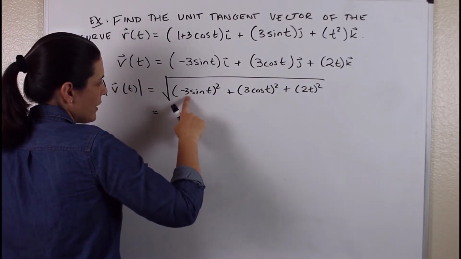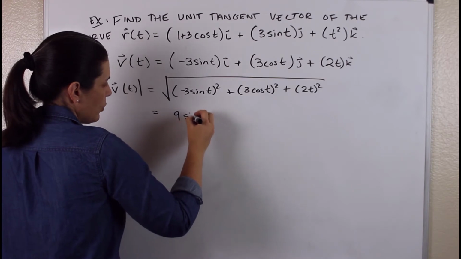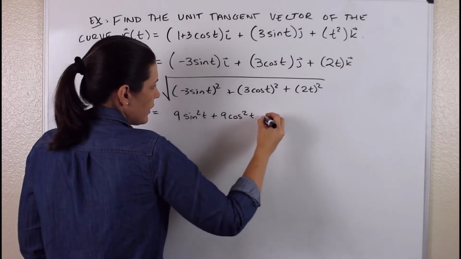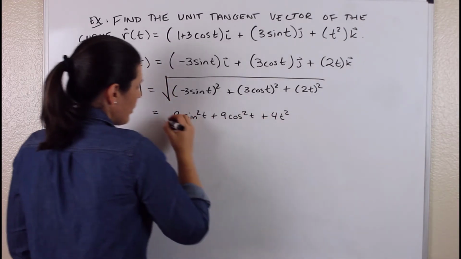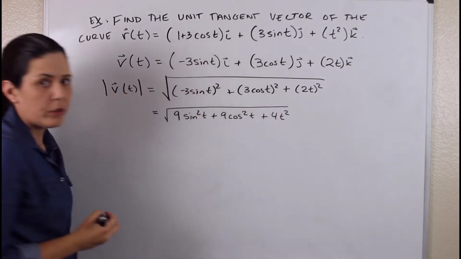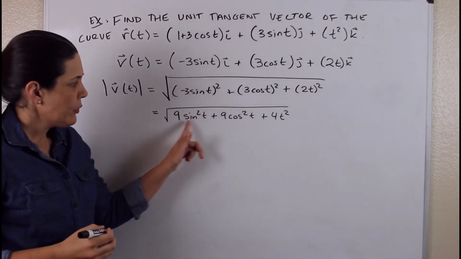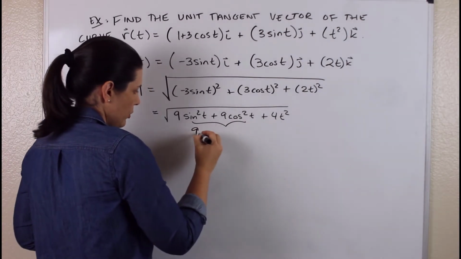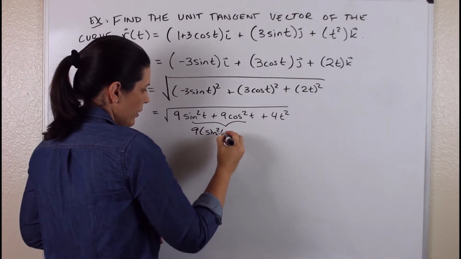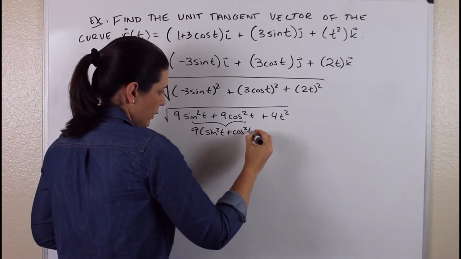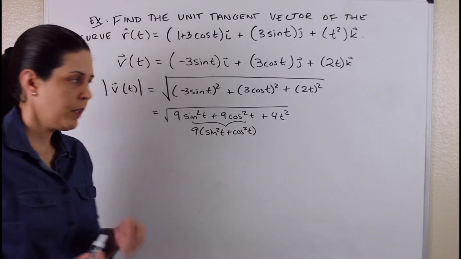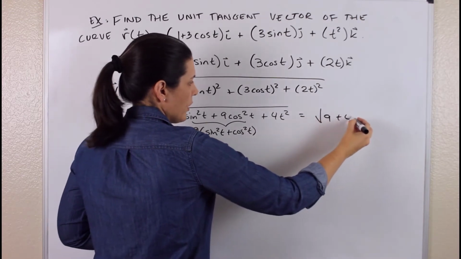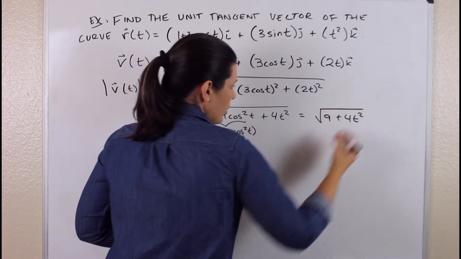This is going to be 9 sine squared t plus 9 cosine squared t plus 4t squared, all inside the square root. And if you factor out a 9 here, you're left with sine squared plus cosine squared of t. So that is your Pythagorean identity again, which is 1. So this equals the square root of 9 plus 4t squared.